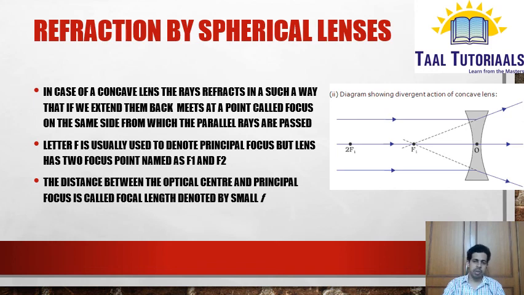Here the distance between the optical center O and F1 is known as focal length. Understood? It is denoted by small f. Focal length is denoted by small f, but focus is denoted by capital F. That is the difference you have to remember here. Focal length is small f, focus point is capital F.